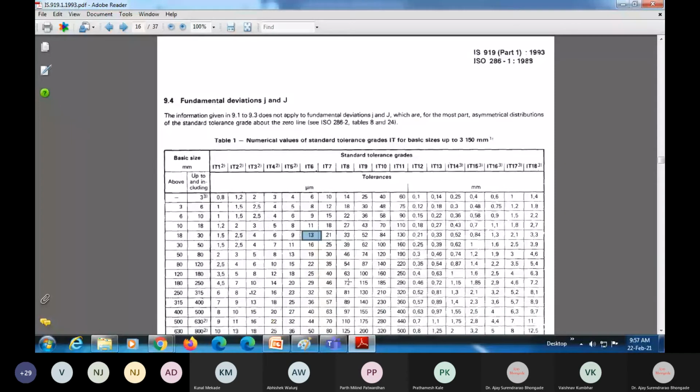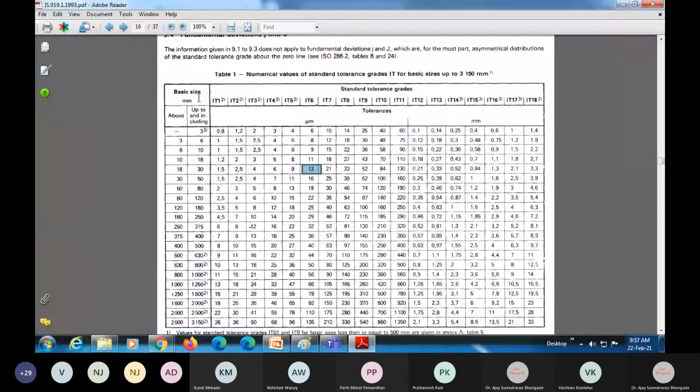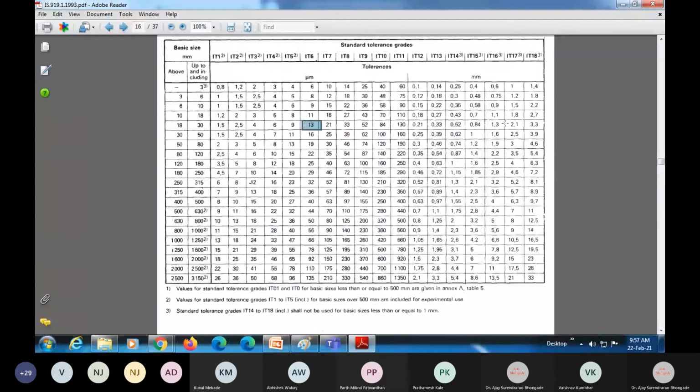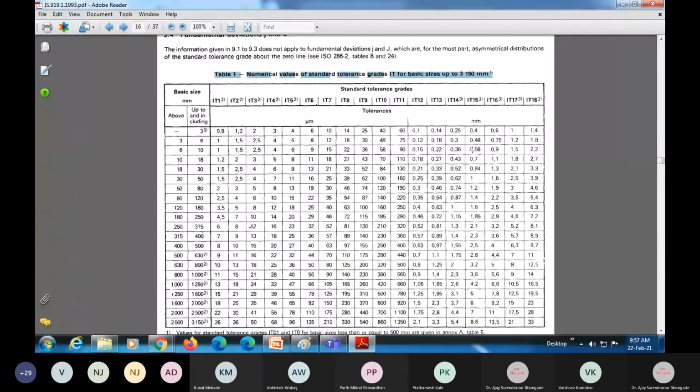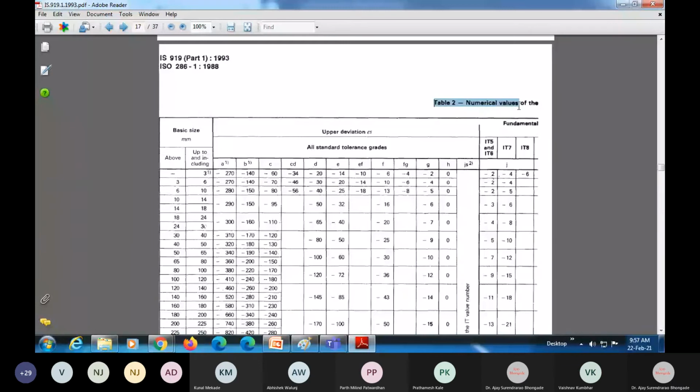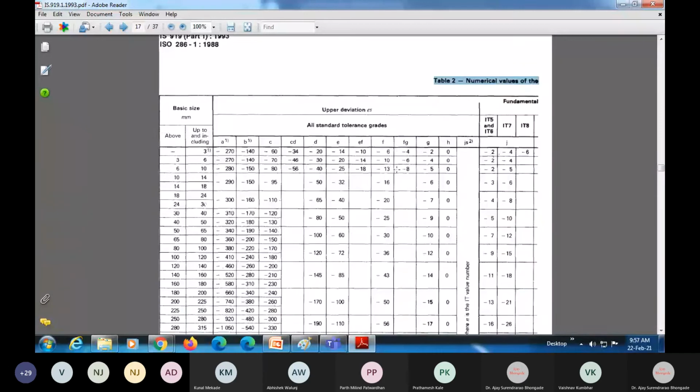So this table will be divided in 2 parts because it is not possible to include everything in a single table there. So they might continue it again in the second part. Okay. So fortunately for this particular first figure, table 1 includes all the things. Now if you go to table 2, you can see table 2, numerical values of the, now this table is continued again in the next part.